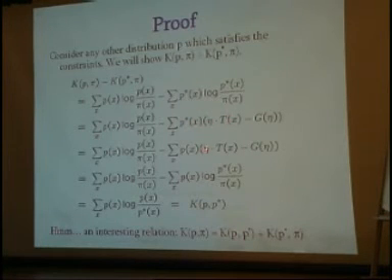And the expectation of t is the same under both distributions because they both satisfy the constraint that the expectation of t is equal to b. So the expectation of t under P star is equal to the expectation of t under P, and so we can make this switch.